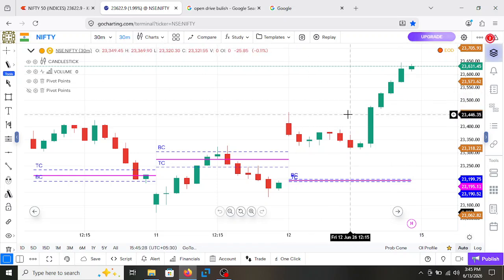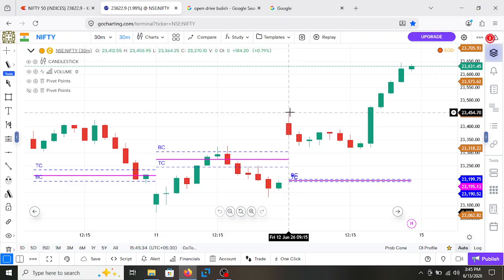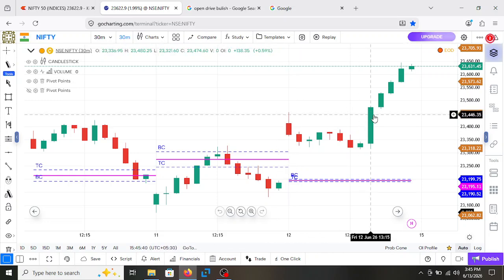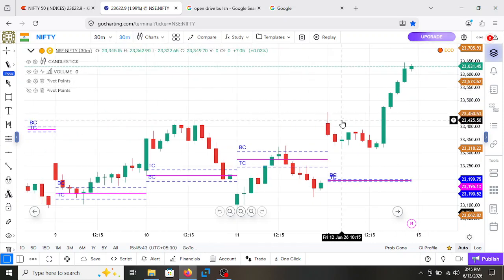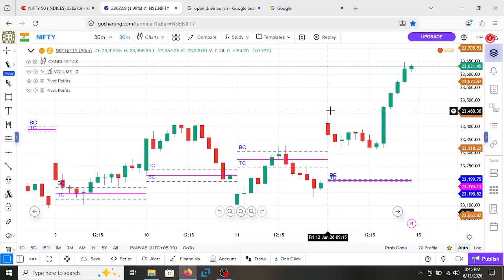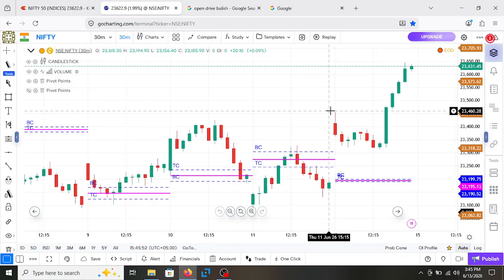So sellers got trapped here, and we know that sellers are present at this level, their stop losses are there, and when they got hit, they needed to cover their positions as soon as possible. So this level can act as a barrier, a resistance, a support, or we can expect a big move if it breaks this level.